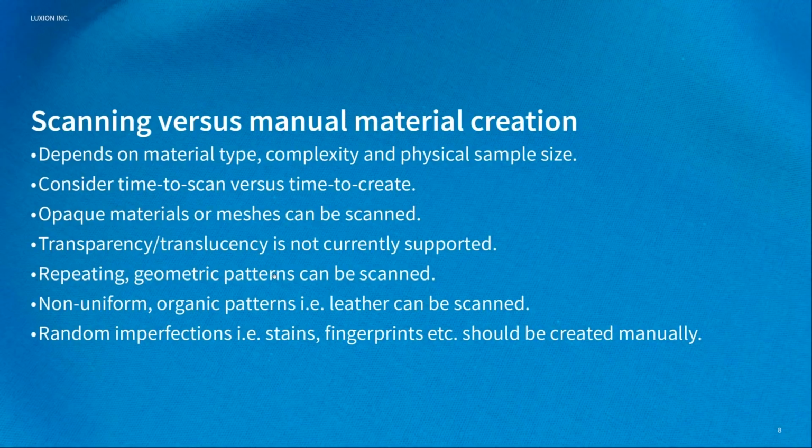As Marc demoed in Pantora, you can easily set up those patterns and use the tools in there so you don't see the seams, and yeah, you get some really great results. You can also scan non-uniform organic patterns such as leather, cloth weaves, something like that.